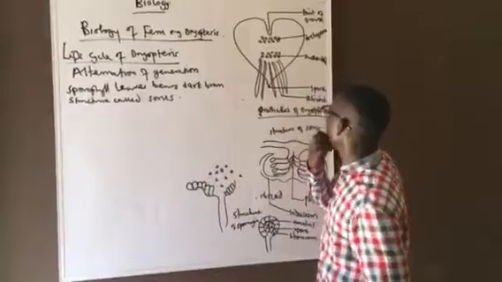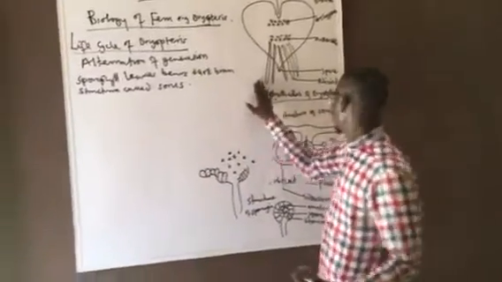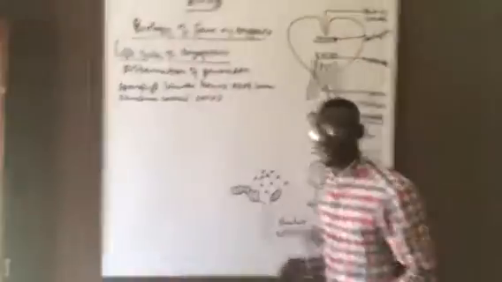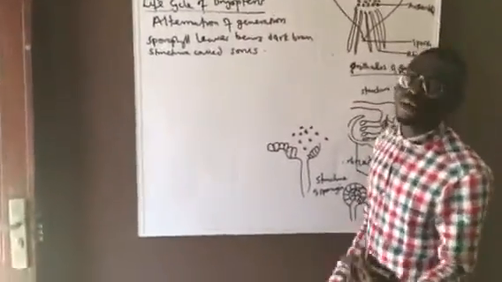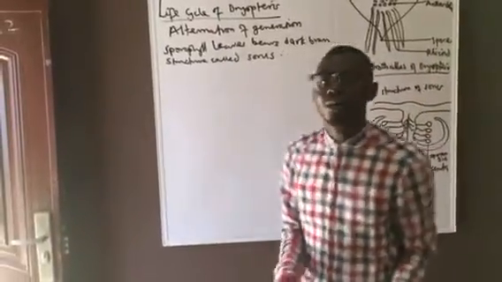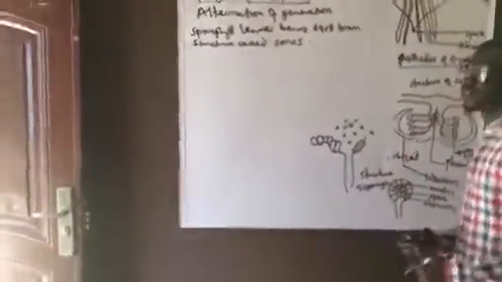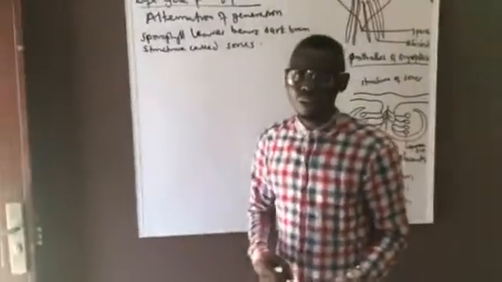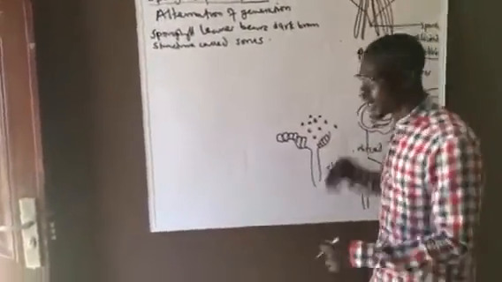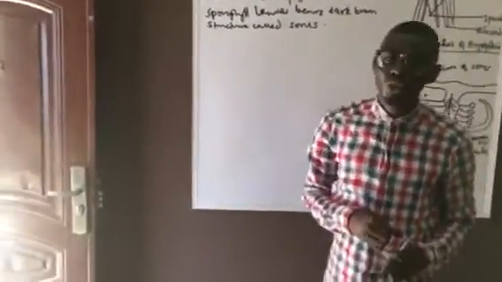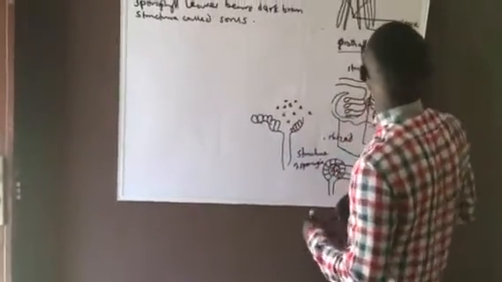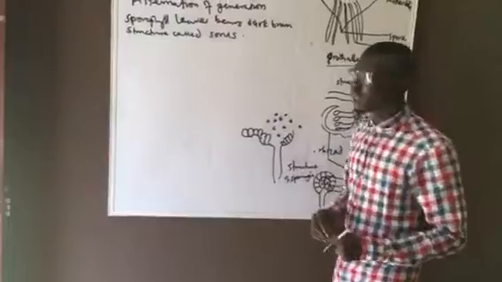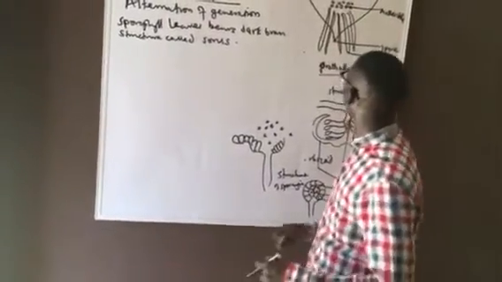When the gametophyte becomes mature, it will develop the antheridia and the archegonia. The archegonia is the female sex organ which produces the egg, while the antheridia is the male sex organ which produces the male gamete, the antherozoid or sperm. The prothallus is green and has rhizoids for attachment.